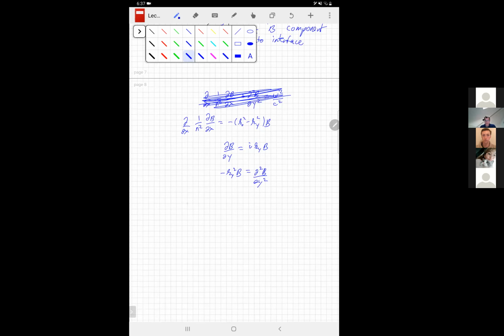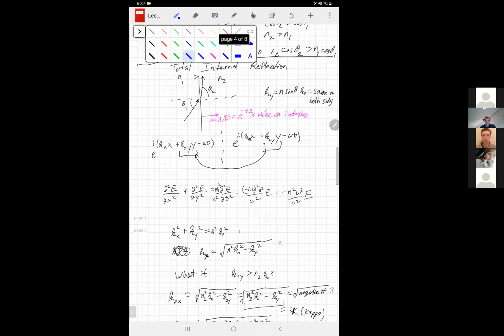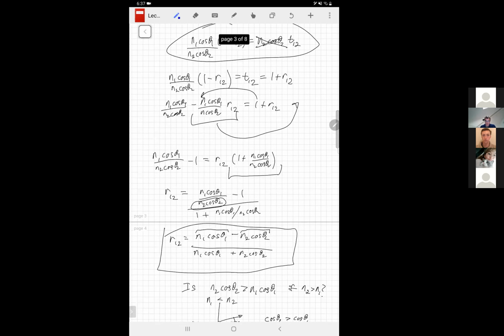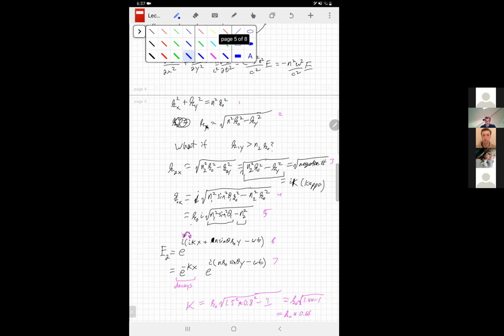And so if we try to solve for the reflection coefficients, doing everything that we did before, we still get one equation, which is continuity of the B field. And we're going to get 1 plus the reflection coefficient equals the transmission coefficient. But instead of trying to make the derivative continuous, we're going to make the derivative divided by n squared continuous. Okay?